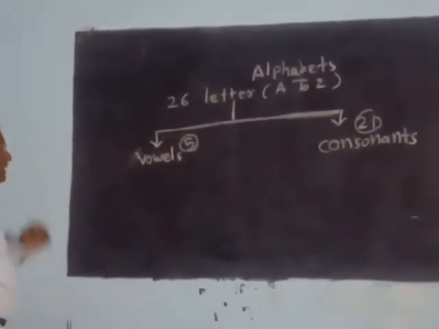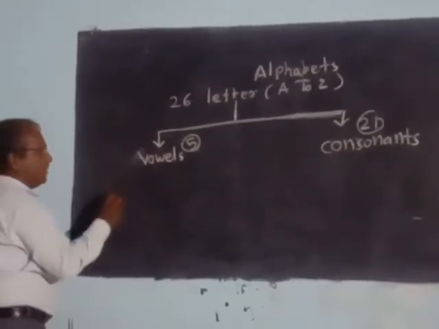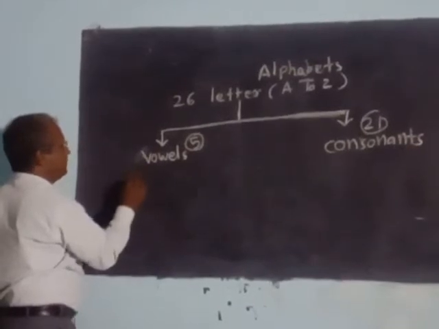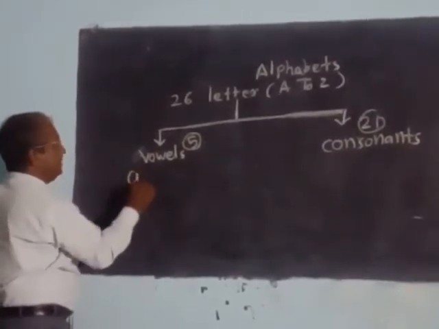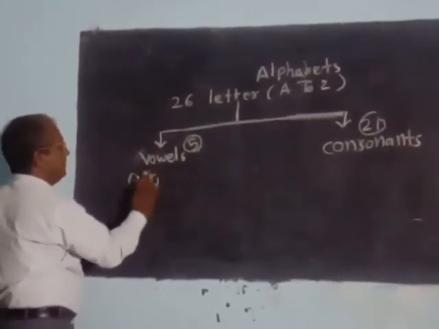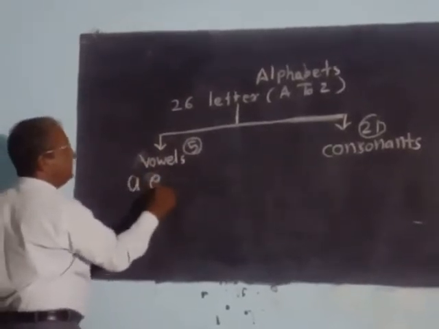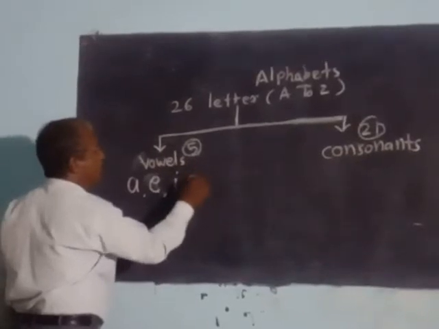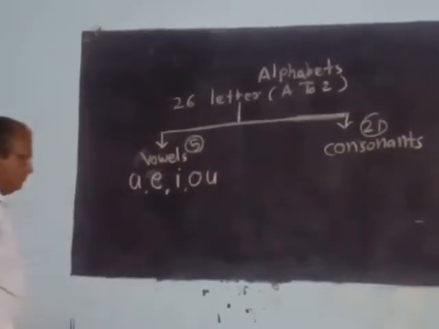Now I write on the blackboard the 5 letters which are vowels: A, E, I, O and U.